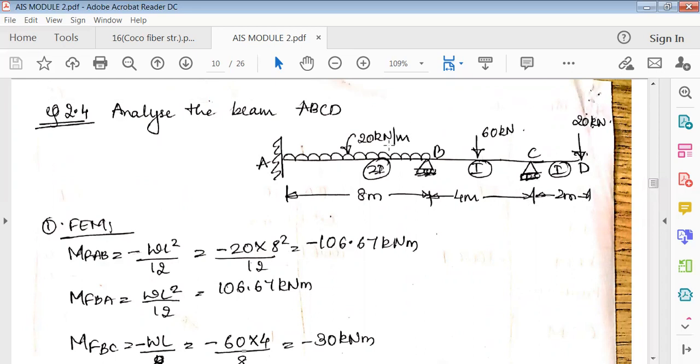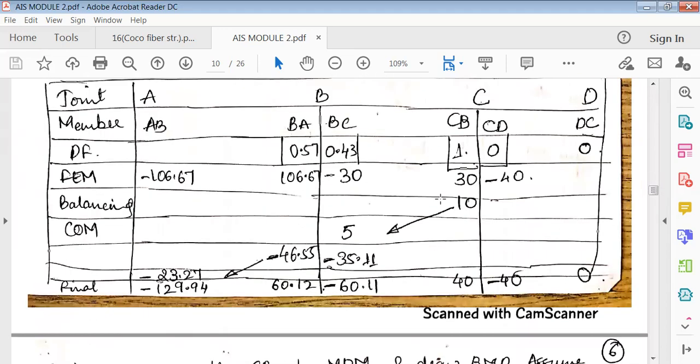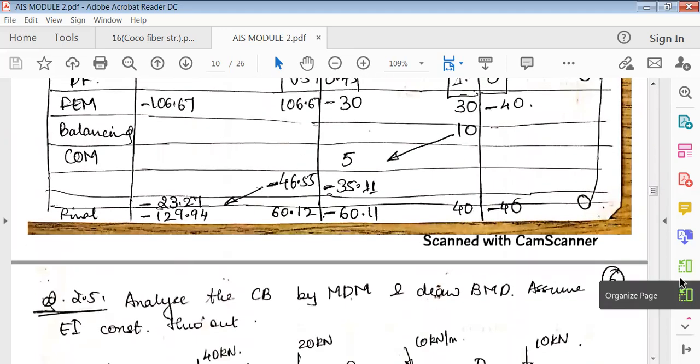Then finally join all of these and mark all the moments at A, B and C, the final moments at A, B and C. Like this you have to solve the moment distribution method for a simply supported beam with an overhang.